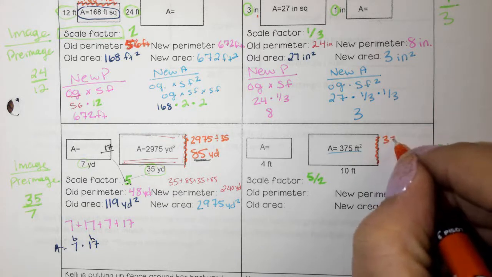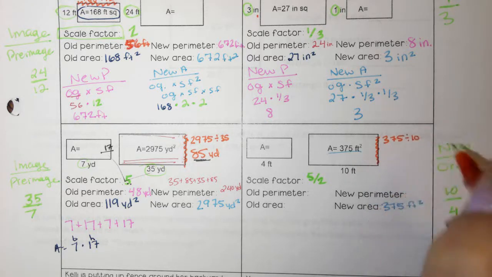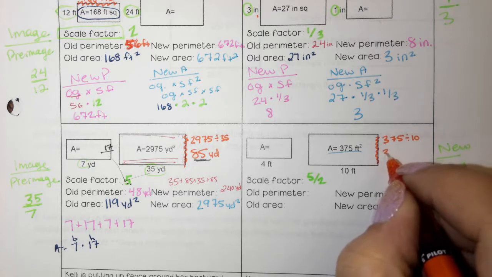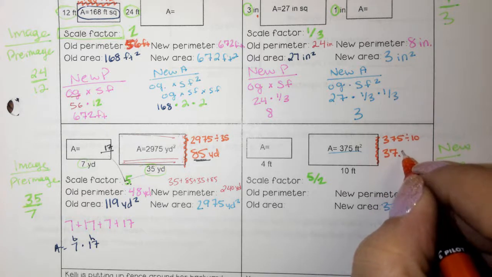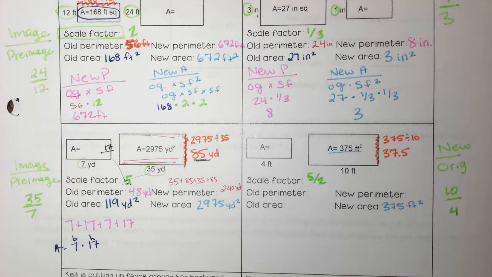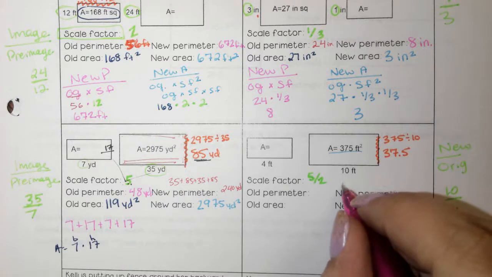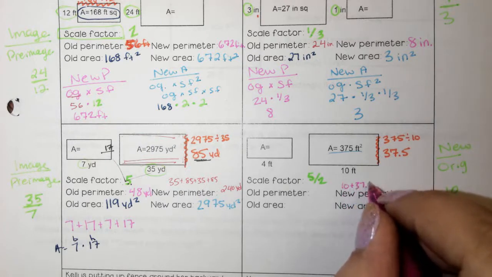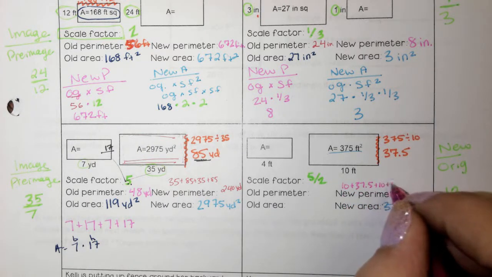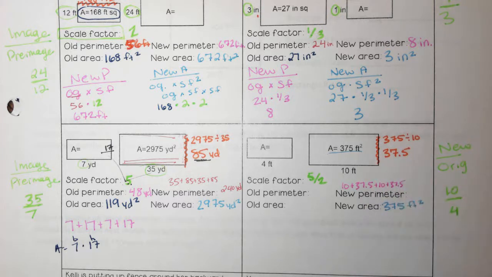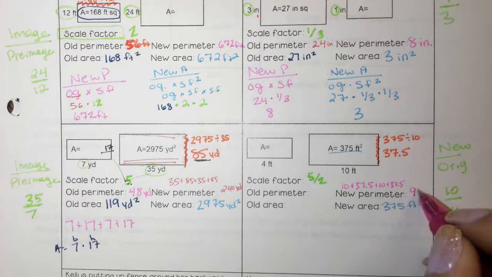So 375 divided by 10 gets us that missing side length. The missing side length then is 37.5. Now that I've got the missing side length, we can find the new perimeter. The new perimeter would be 10 plus 37.5 plus 10 plus 37.5, which gets us 95 feet.